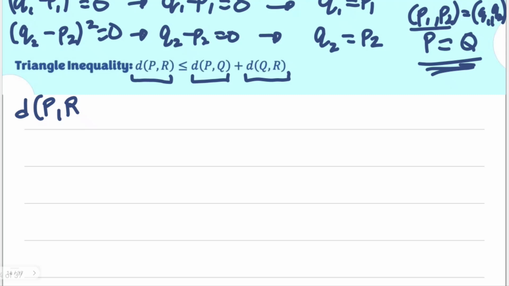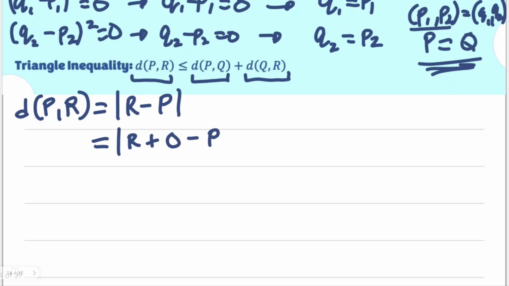The distance between P and R, take note, is actually the absolute value of R minus P. Now, what if I introduce a 0 here, plus 0 minus P? So I could introduce here inverses.